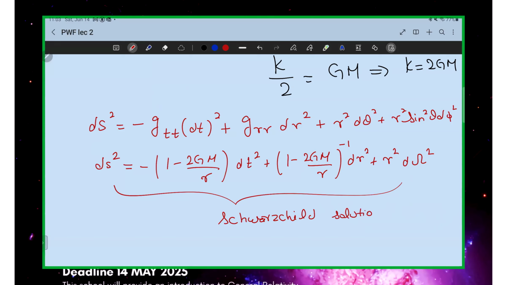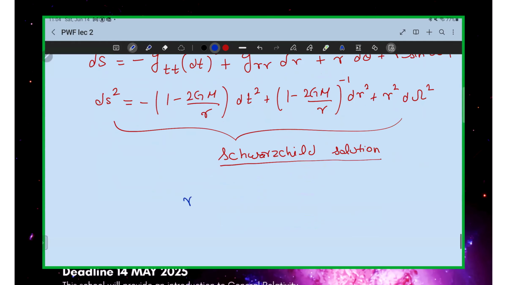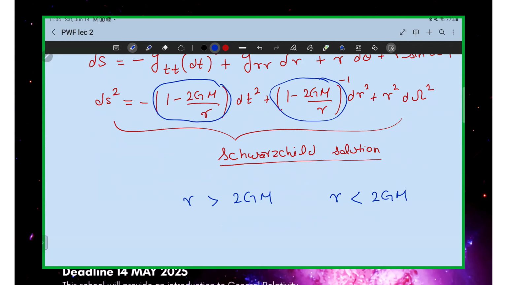I'm already out of time, but I'm just gonna mention two things quickly before we wrap this up. One thing is that you can see that if r is bigger than 2GM, then this thing is positive, right? Which means this thing is also positive. So that's totally fine. But when r is less than 2GM, this thing becomes negative, and this thing also becomes negative.